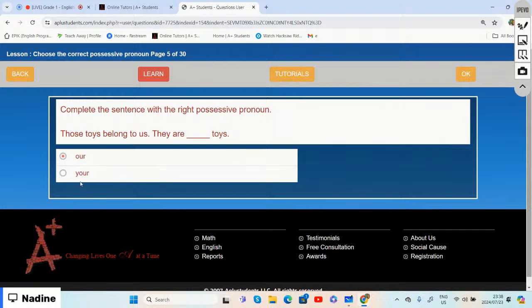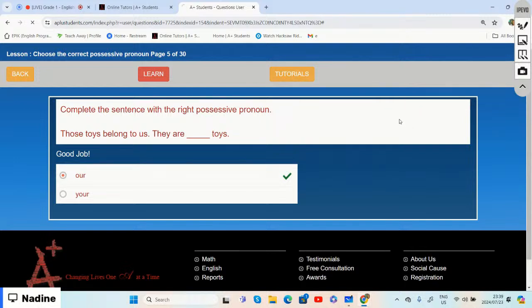Because if it belongs to us, then it's our toys. Yes, so our is correct.